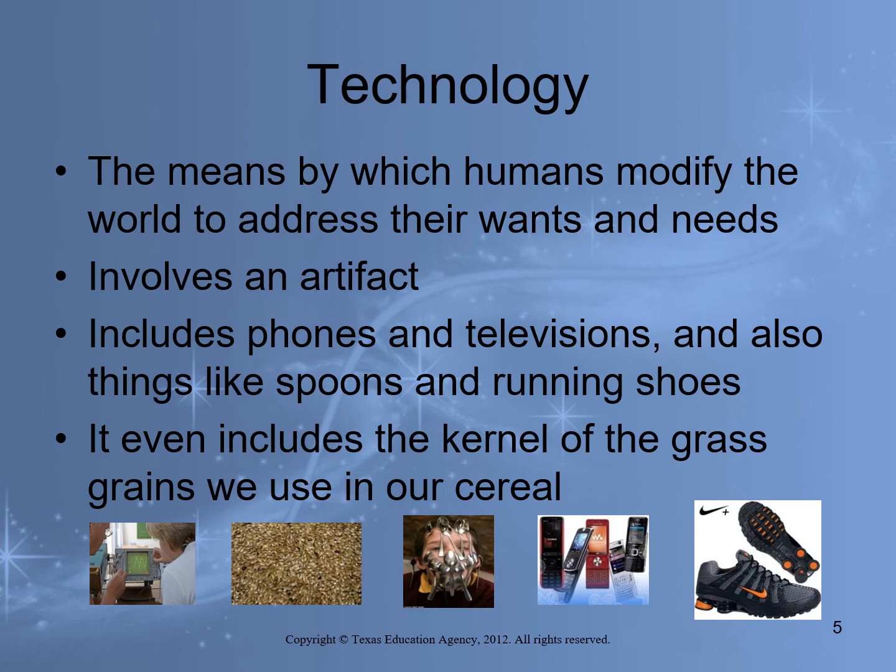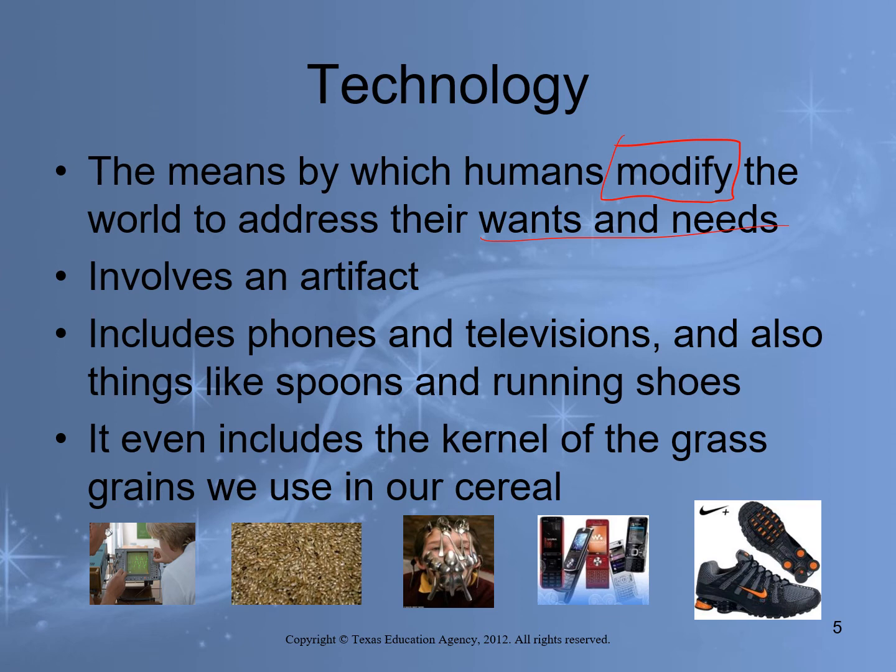So technology. Technology is a little different than engineering. Technology is the means on which we humans modify the world. So technology helps us to modify the world for our wants and needs. For example, right now you are watching this at home.